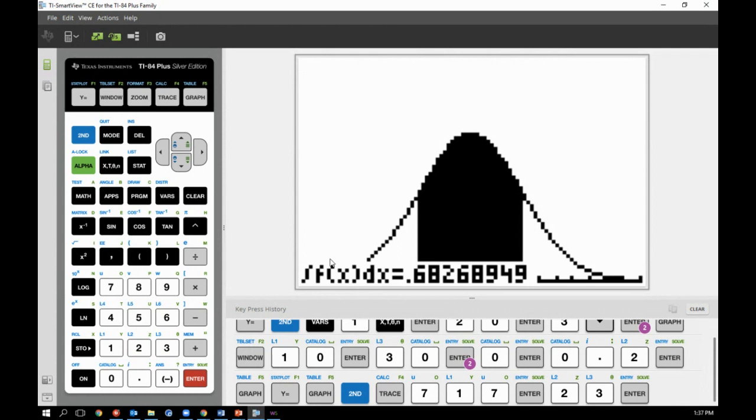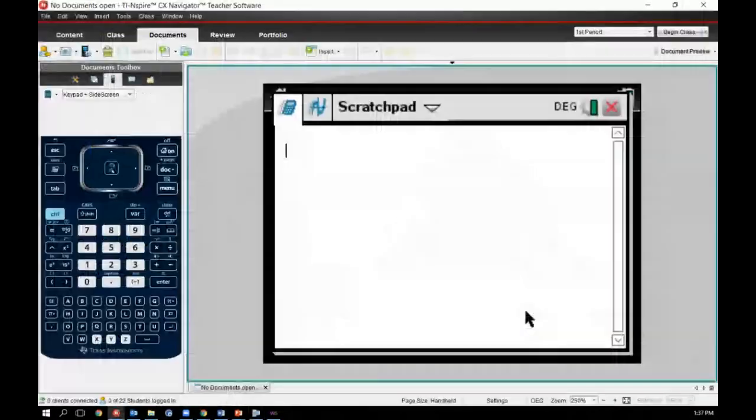Notice the last 3 ask you to put in a different normal PDF. Now I'm going to show the Inspire, that way y'all know both ways. Okay, so on the Inspire, of course, we need to go to the graph.